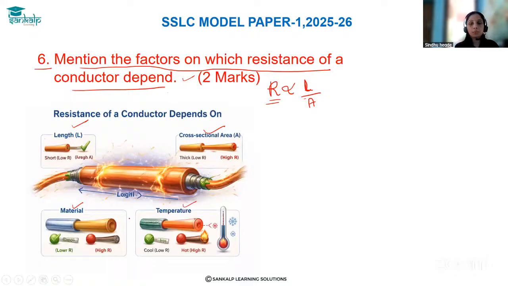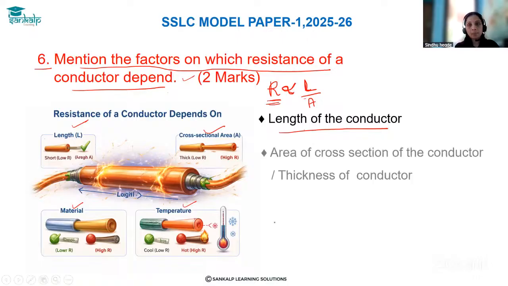Firstly, it depends upon the length of the conductor. According to the equation, resistance is directly proportional to length. So as length increases, the resistance of the conductor also increases. This is the first factor. Second, the area of cross section of the conductor, or thickness of the conductor.